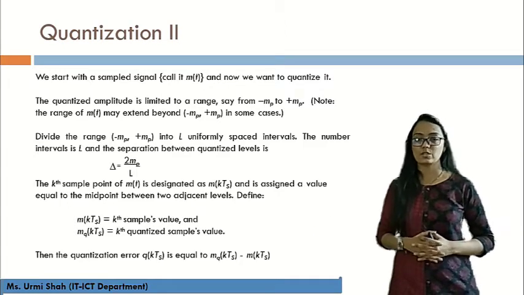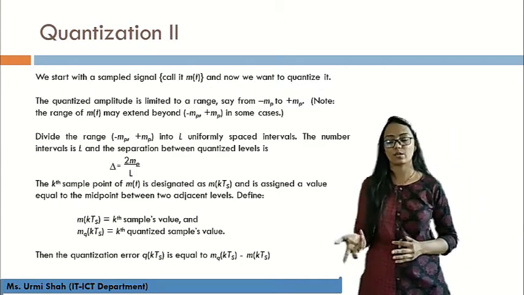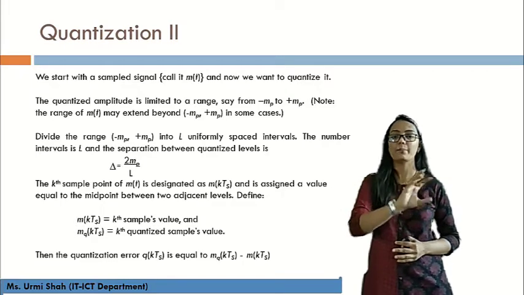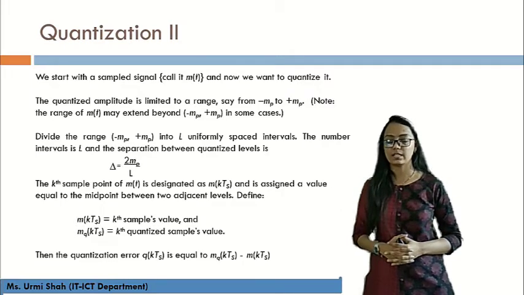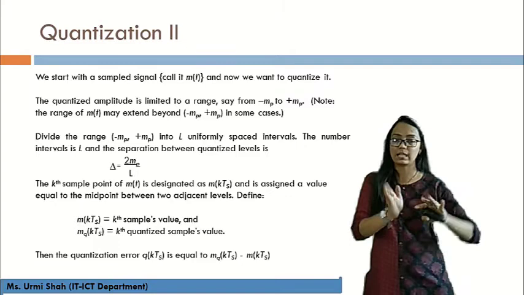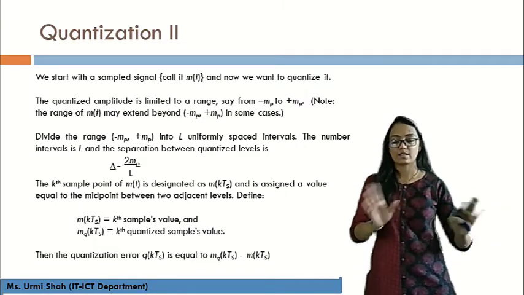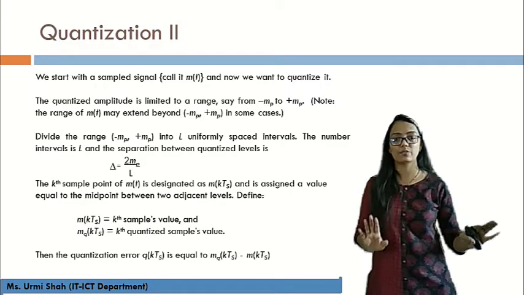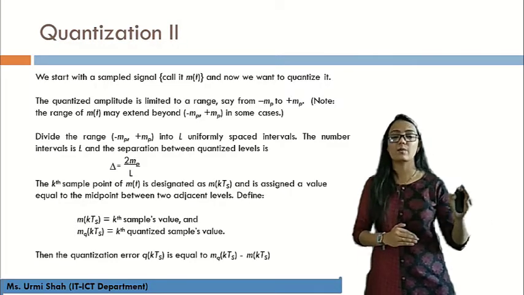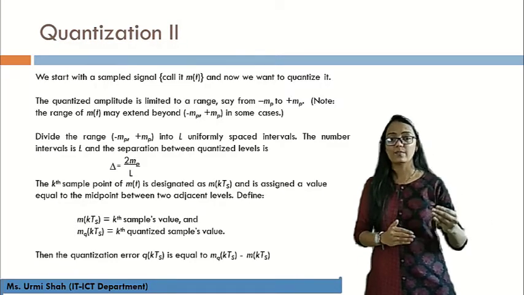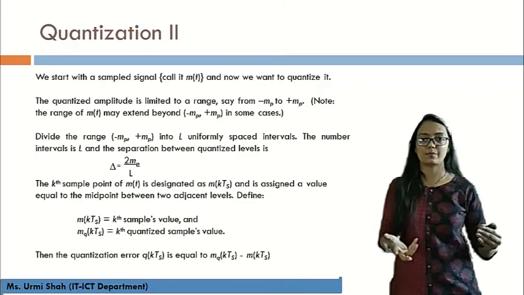So our quantization error. Now what is quantization error? Whatever I am passing in the form of a sample, the same thing should be quantized. If the levels are different, that is, the subtraction of the two signals is nonzero, that means there is some error in the values of the amplitude.